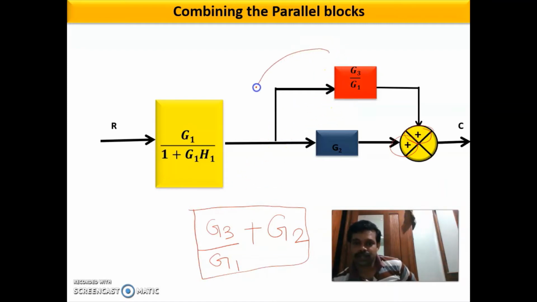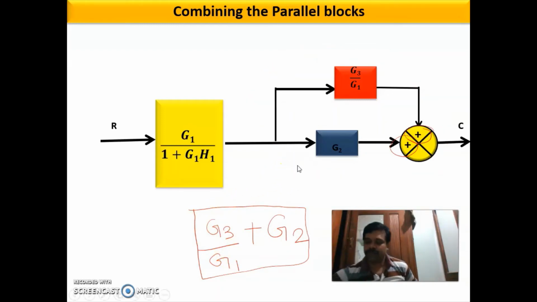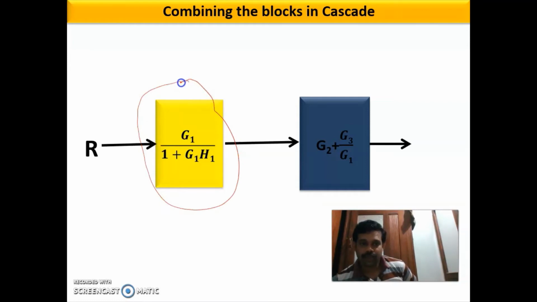So instead of this full block, we are going to replace it by G3 divided by G3 plus G1. Now you are getting two blocks in cascade.